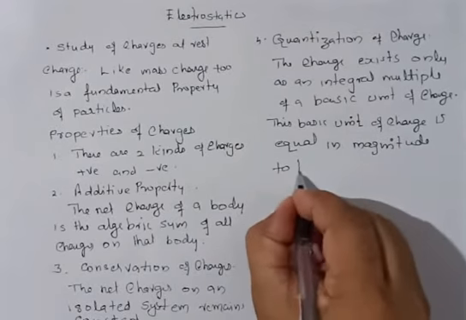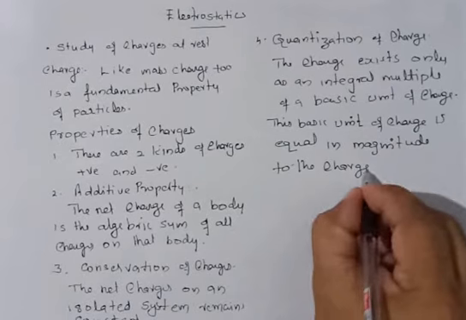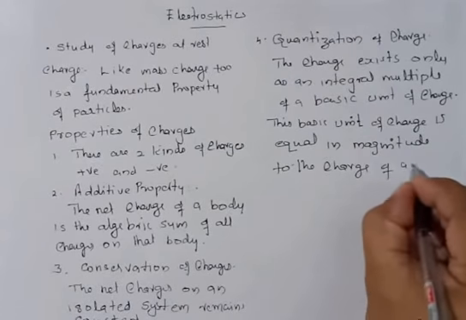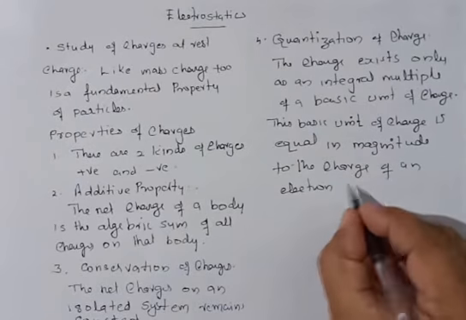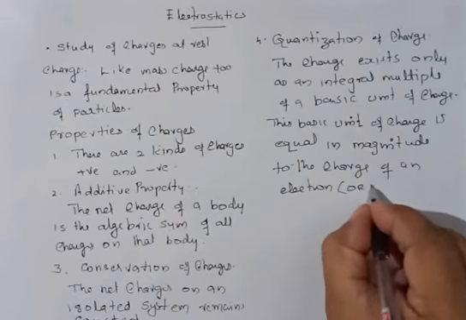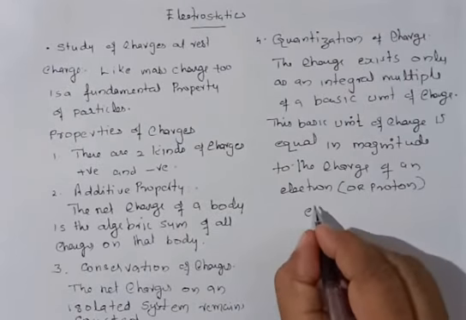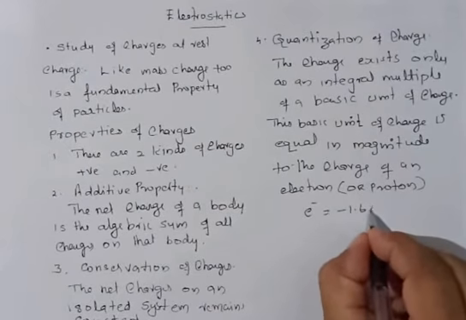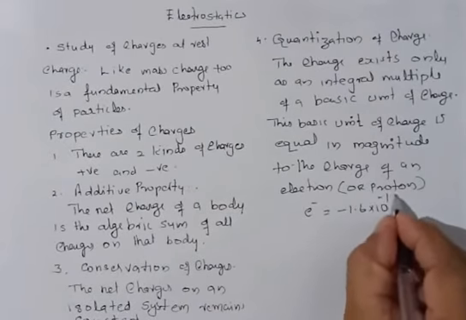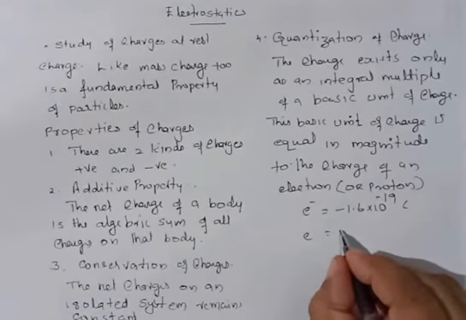It will always be a multiple of the charge of the electron. Of course, the charge can be positive or negative, but the magnitude would be the same as the magnitude of the charge of an electron. So, for a proton, the charge is plus 1.6 times 10 to the power minus 19 coulomb. For an electron, it is minus 1.6 times 10 to the power minus 19 coulomb.